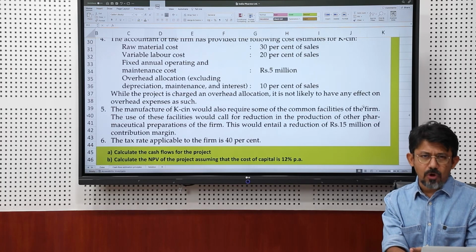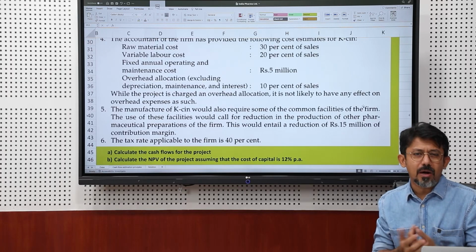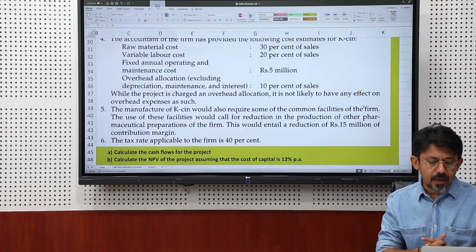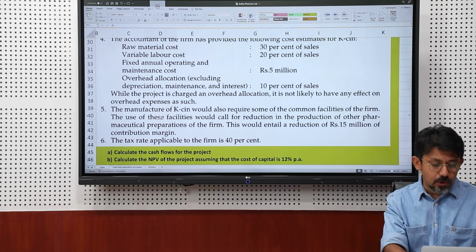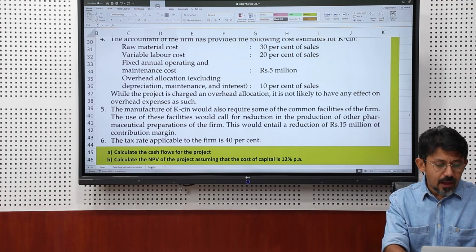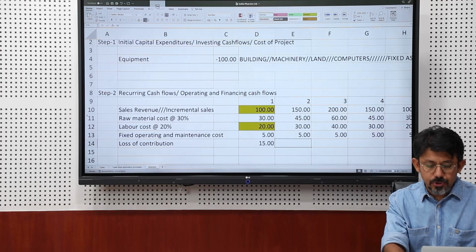I gave you examples of common facilities. This could be the packaging department or any service department associated with the production department, right. So, 15 million is a contribution loss, it is an opportunity loss, it is a relevant cash flow, and I will consider it as a cash outflow, loss of contribution.